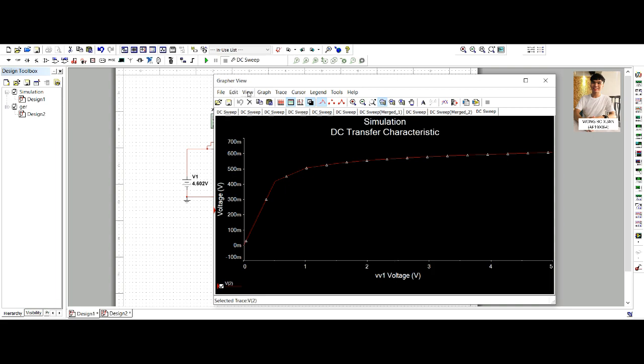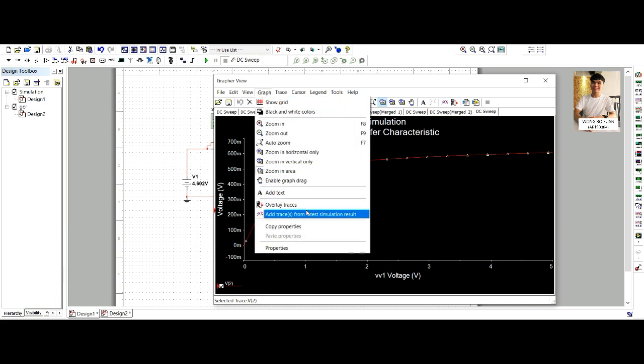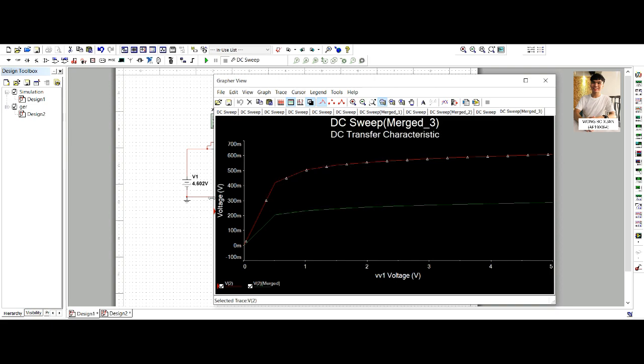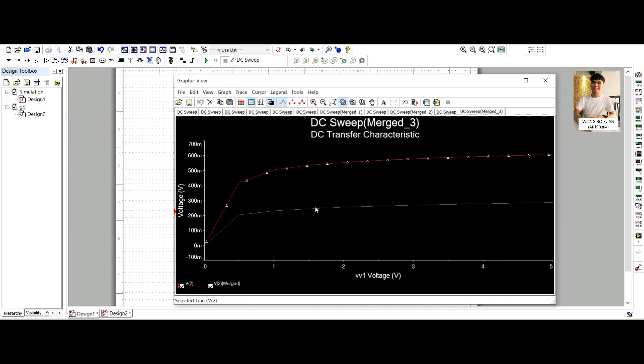To see the difference between the silicon and germanium diode, I will overlay the two graphs, and we could see that the green line is for the germanium diode and the red line is for the silicon diode. The shape presented by the two graphs is actually similar.